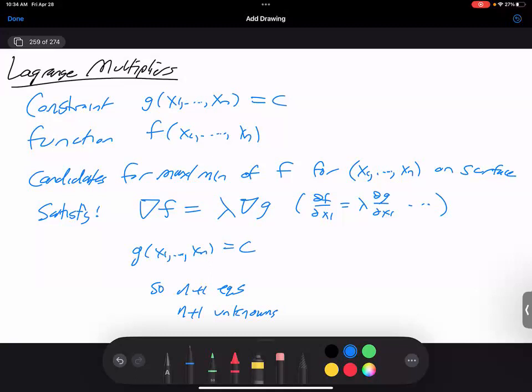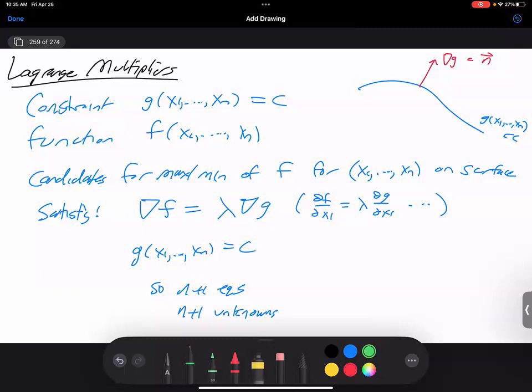So we expect to be able to solve this and have a finite number of candidate points. What's really going on is, here's my surface, g of x1 through xn equals c. The gradient of g is basically equal to the normal to the surface.